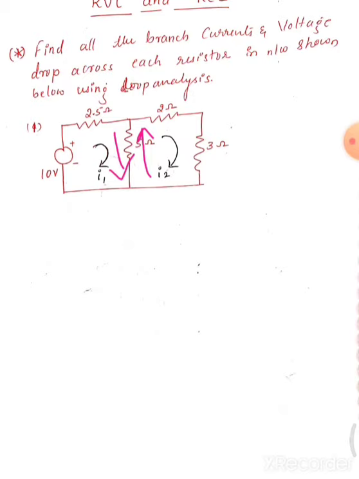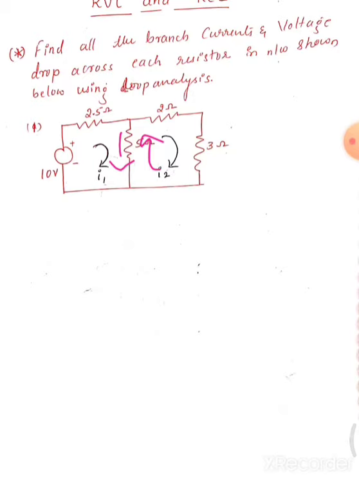While taking current direction, assume that the loop you are in, that loop current will be the dominating one, if those two are opposite. We'll discuss that later, but now observe whether these two are in the same direction or opposite direction.